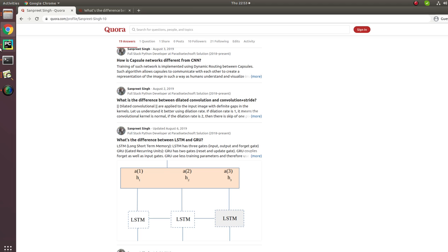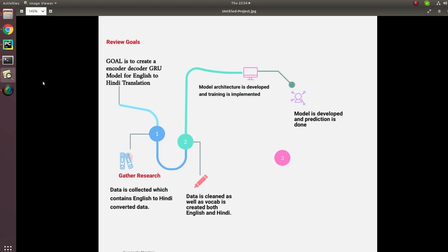Then, what happens now? Whenever we are creating a model, we need to understand two things: how to create code for the batch size, and what an epoch is. An epoch means when all the data, all the samples, have been seen by the model. During an epoch we can have different batches, and each batch has a batch size.